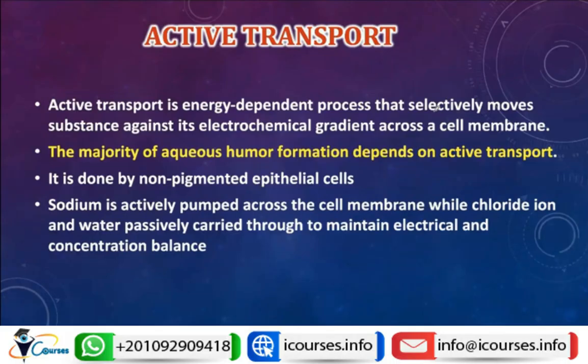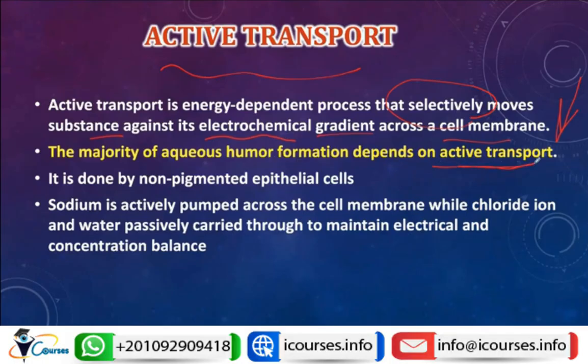So in such a condition, the aqueous uses active transport in order to selectively move some substances against the electrochemical gradient across the cell membrane. And this will be the main mechanism responsible for formation of the aqueous humor.